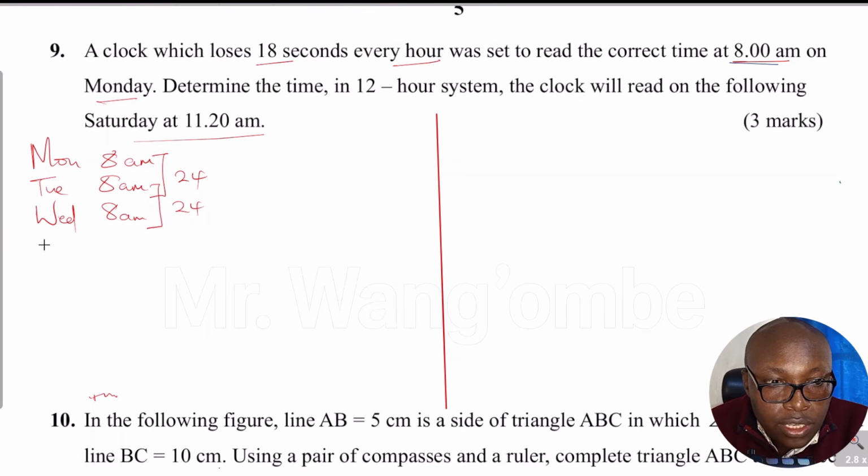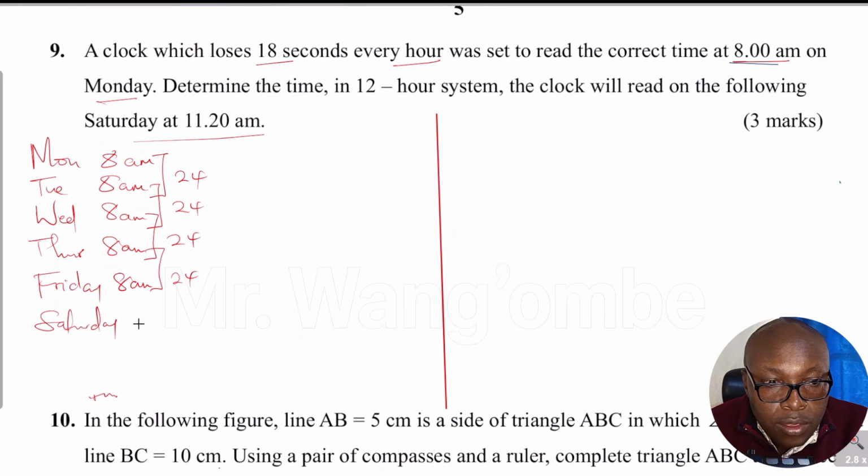From Wednesday 8 a.m. to Thursday 8 a.m., that is another 24 hours. Then from Thursday 8 a.m. to Friday 8 a.m., that is another 24 hours. Then from Friday 8 a.m. to Saturday 8 a.m., that is another 24 hours.